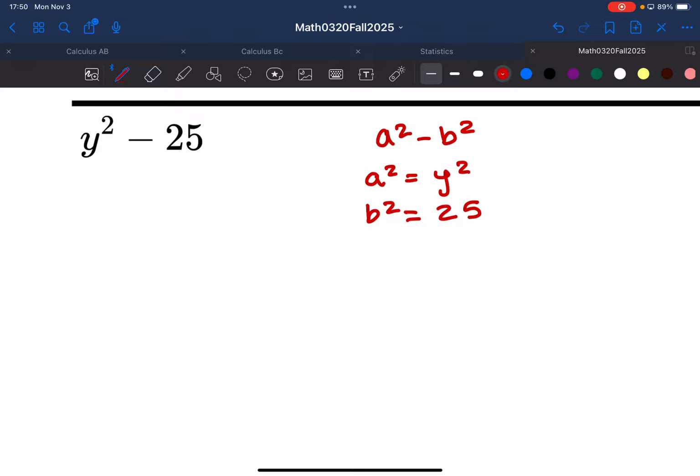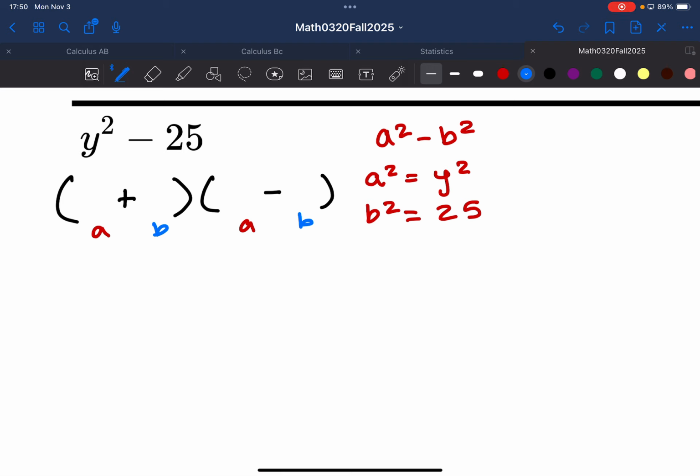So when we are looking at this, we know the end goal is to have two parentheses where one is plus and the other is minus. And what's going to end up going here is our two A values and then our two B values.